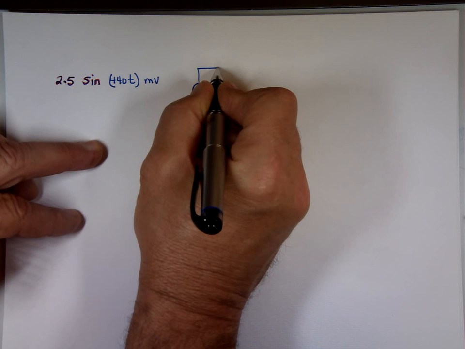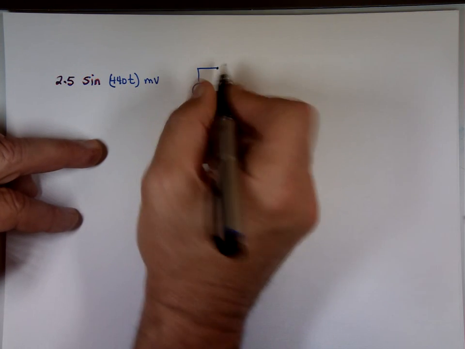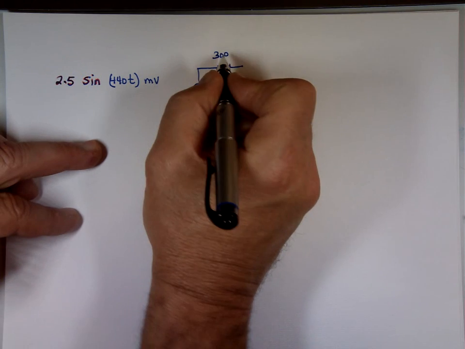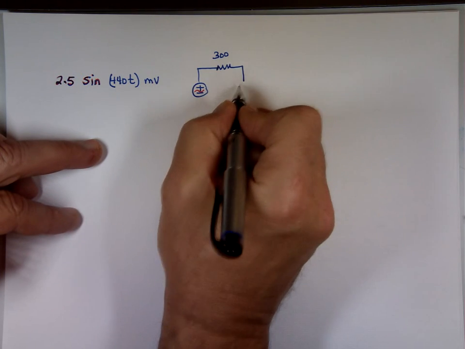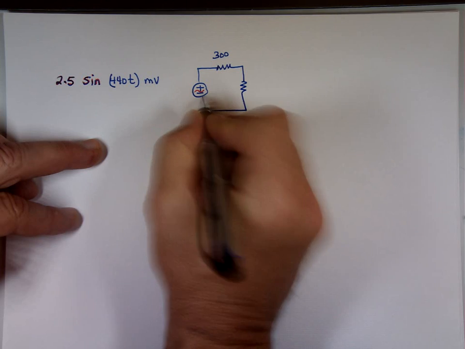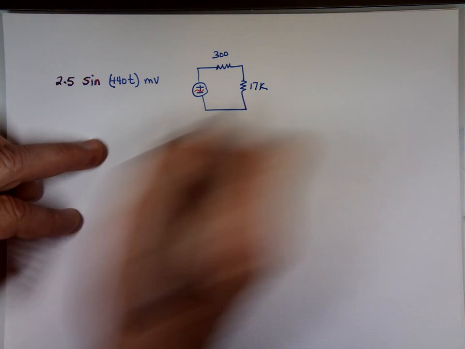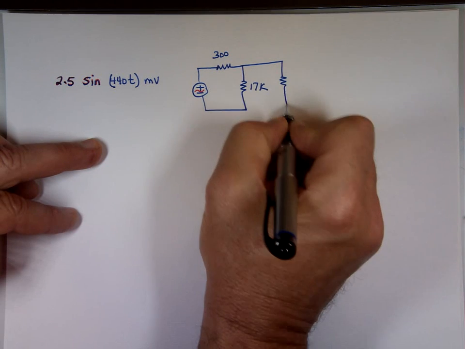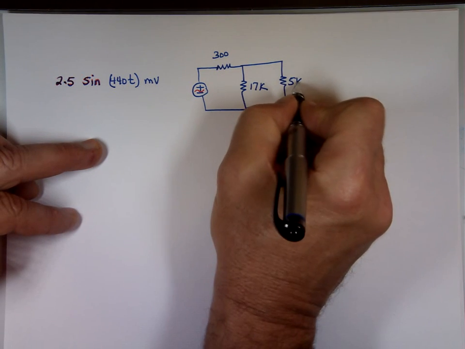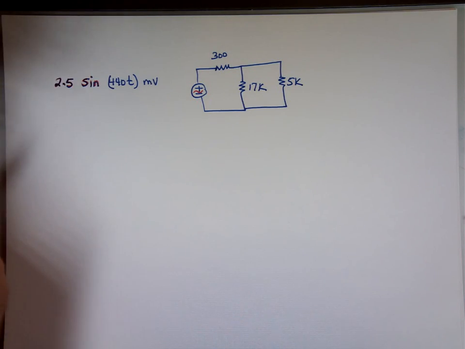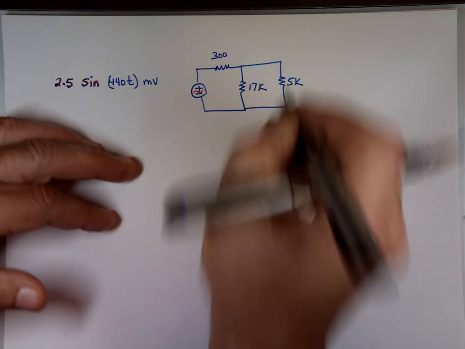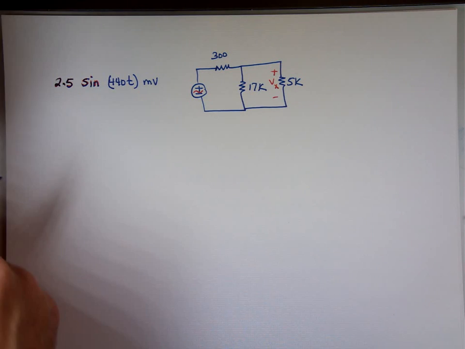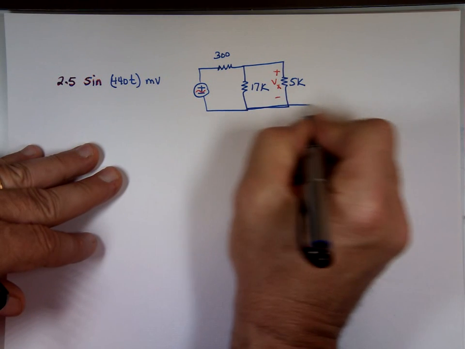We have a 300 ohm resistor. We have a 17K resistor here. We have a 5K resistor here. And let's call this voltage Vx. Then we have a dependent current source right here.